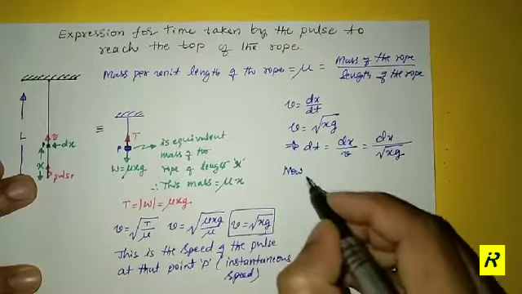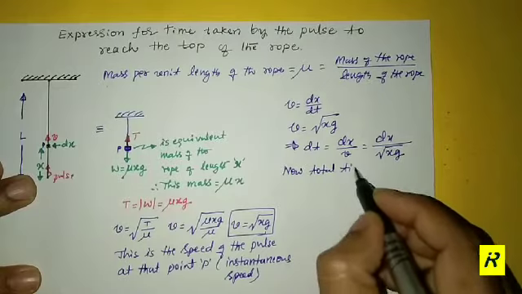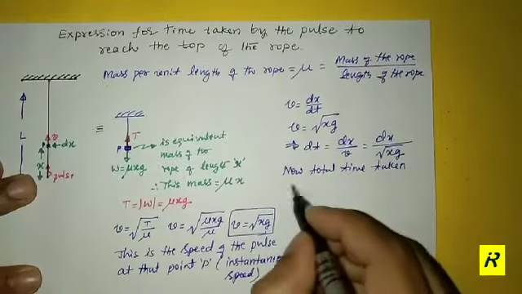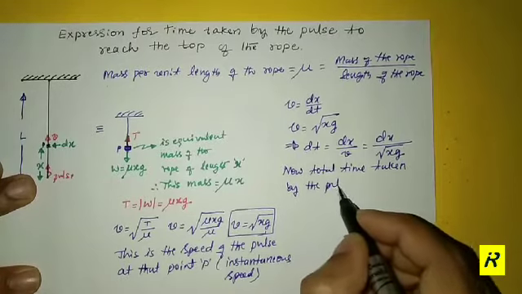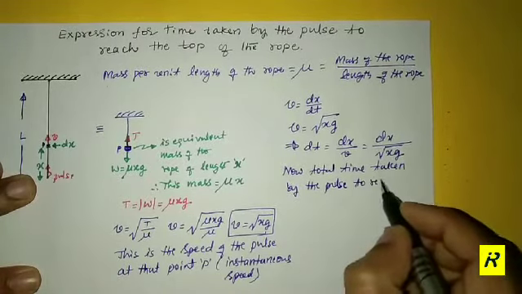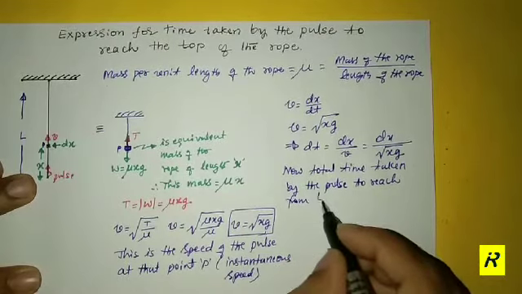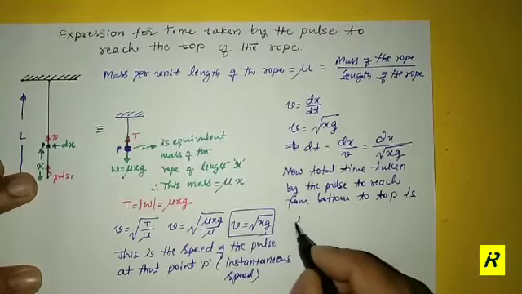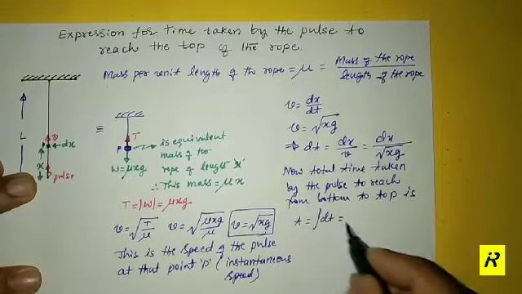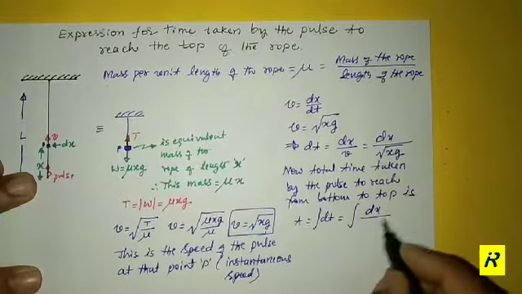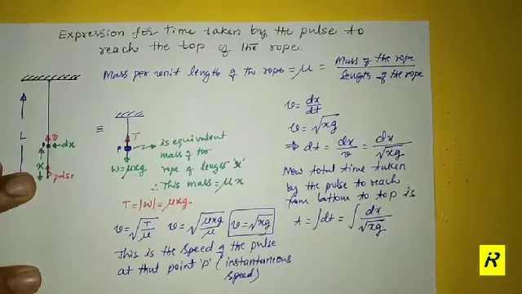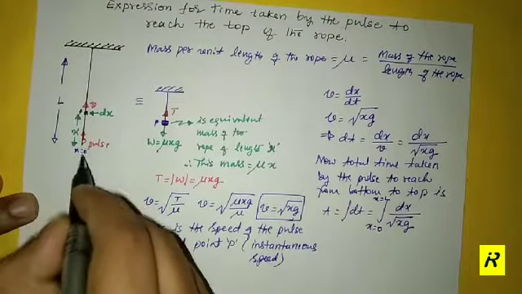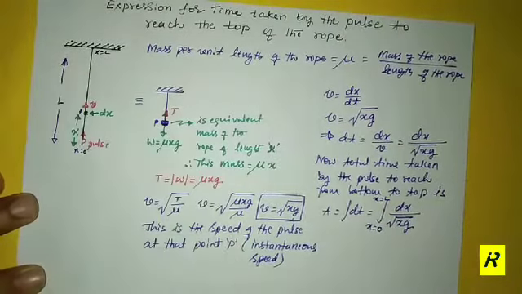Now the total time taken by the pulse to reach from bottom to top is t, which equals the integration of dt, which equals the integration of dx divided by root of x into g. x is the variable taken from x equals 0 at the bottom to x equals L at the top.